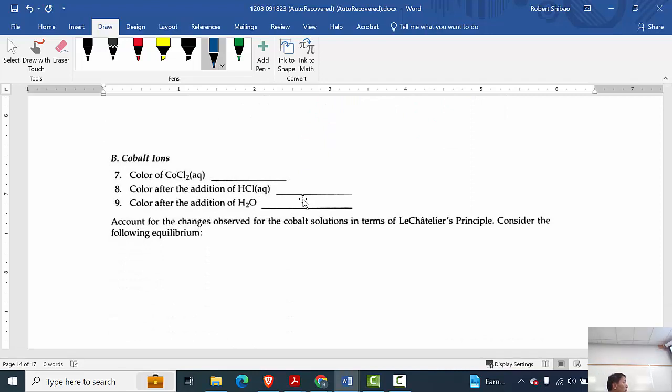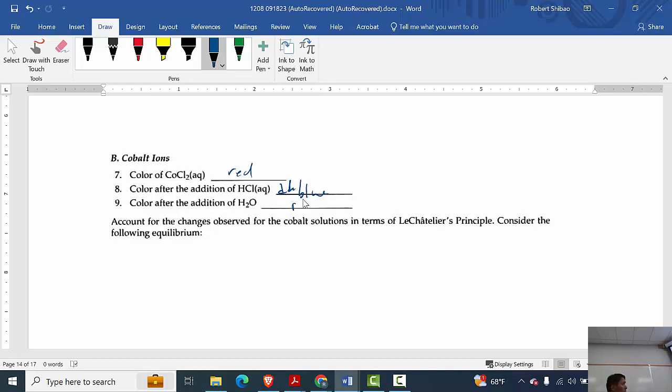How about the cobalt 2 chloride? What's the color of that? Red. After the addition of HCl? Blue? Dark blue. After addition of water?